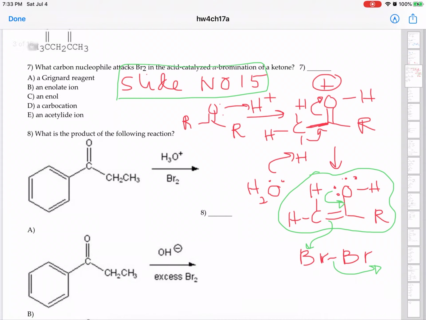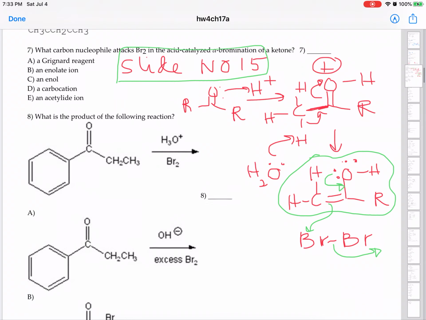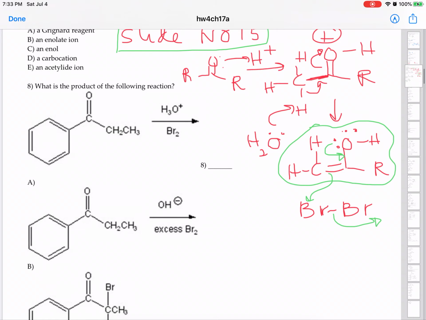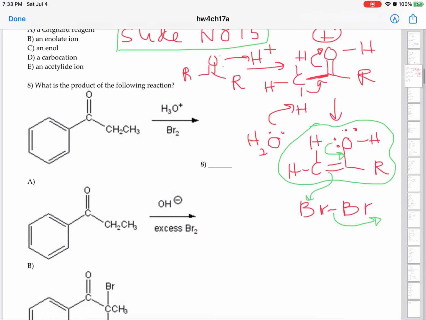And then the next one, what is the product of the following reaction? Now this reaction is a bromination in the presence of an acidic medium. So in the presence of an acidic medium, okay, what's going to happen? How many bromines will get added to the alpha carbon?